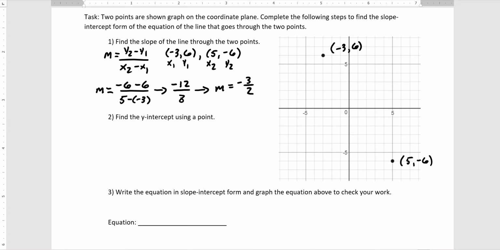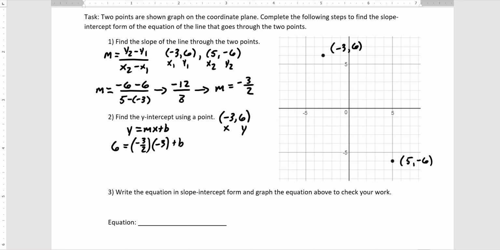Now let's find the y-intercept using a point. We can use the point (-3, 6). Here's our x, here's our y. Remember, we're using y = mx + b and we're going to solve for b. So 6 = -3/2 times -3, plus b.